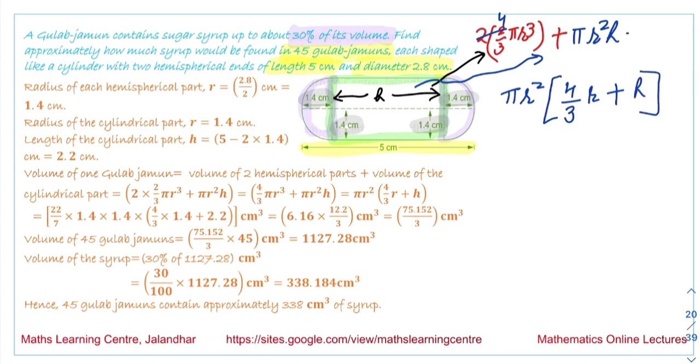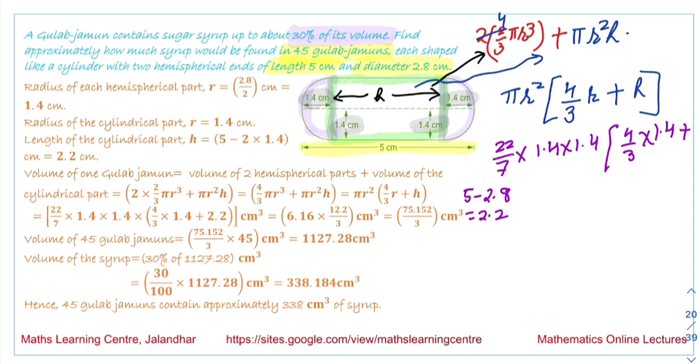We substitute the values in this formula. The answer we will get is 22 by 7 into the radius, which is given to be 1.4, into 1.4, into 4 by 3 into 1.4 plus the height, which will be 5 minus 2.8, and the value comes out to be 2.2.